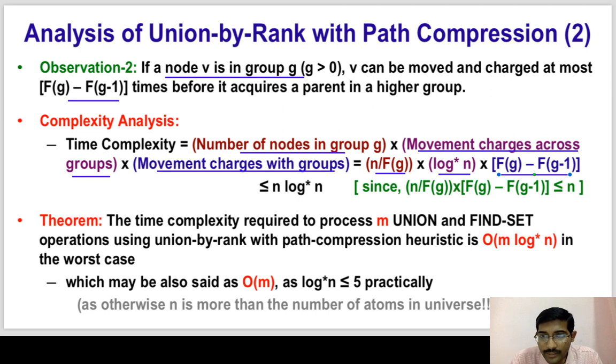Now if you look at this quantity here, and this quantity here, if you multiply them, these two are less than or equal to n, as we have shown here.